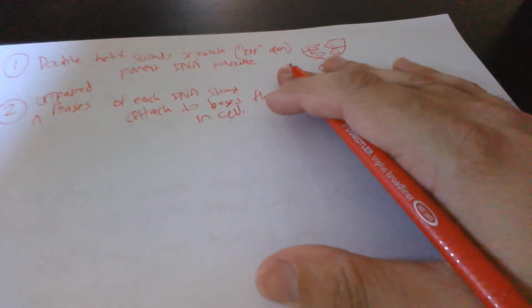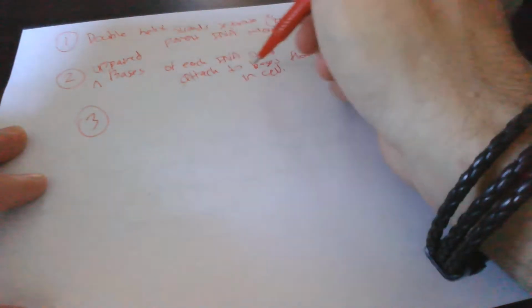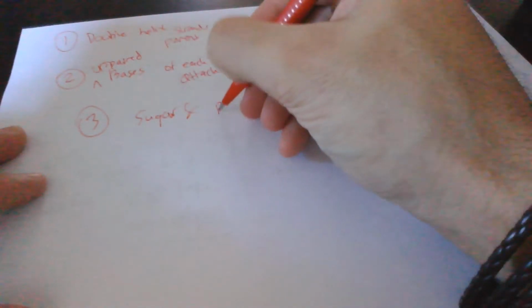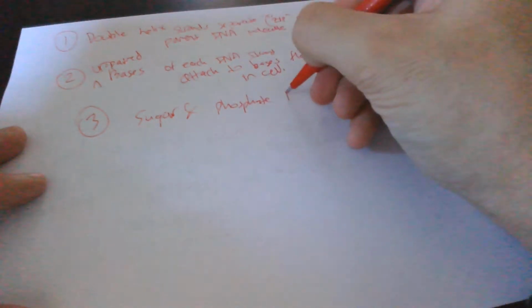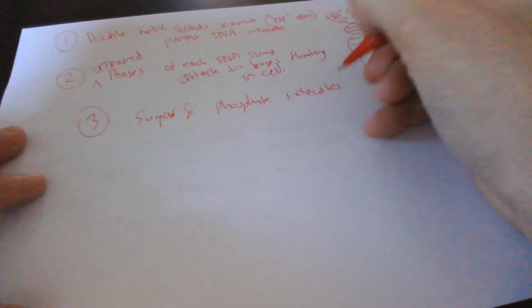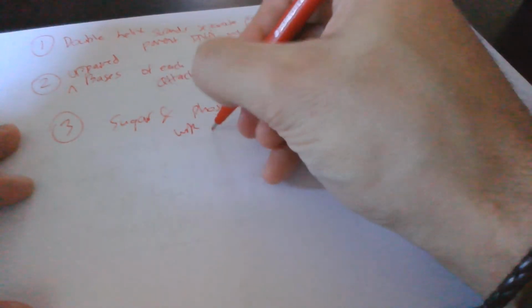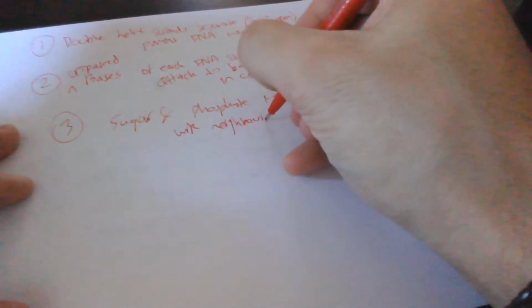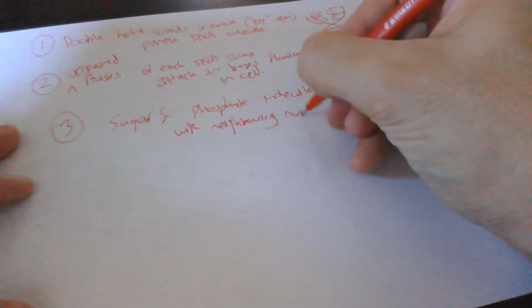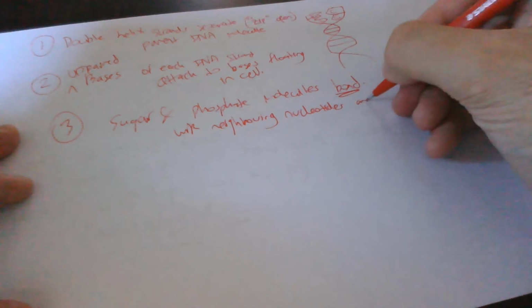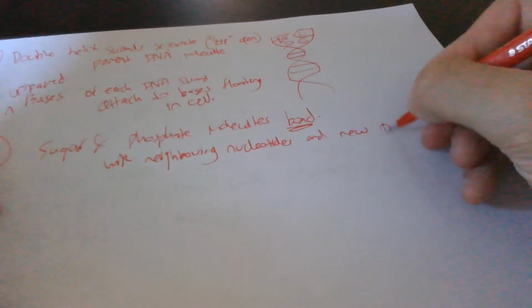Now let me go on to step number three, the final step. So bases pair up. Step number three, sugar and phosphate molecules bond with neighboring nucleotides. Remember, nucleotides are made of those chains, and new DNA strands form.